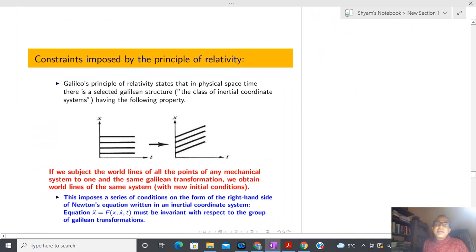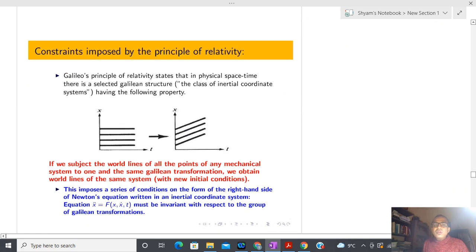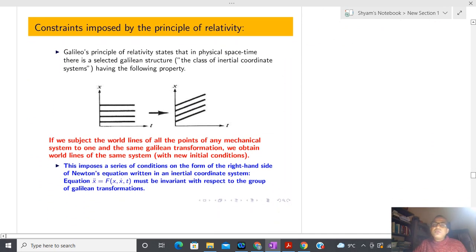Now let us try to understand the constraint. What kind of restriction do we have to follow whenever we apply Newton's law? I know that if I want to translate, to move with uniform velocity, and if I want to rotate, then I need some kind of structure, that is, a Galilean structure. With that Galilean structure, if I have simultaneous events, I can guarantee that the distance between simultaneous events remains the same.